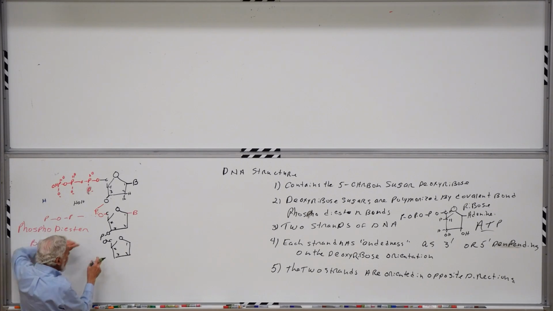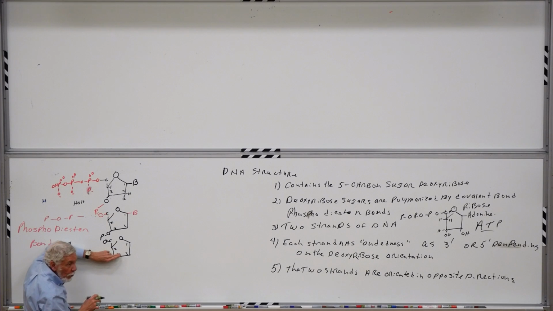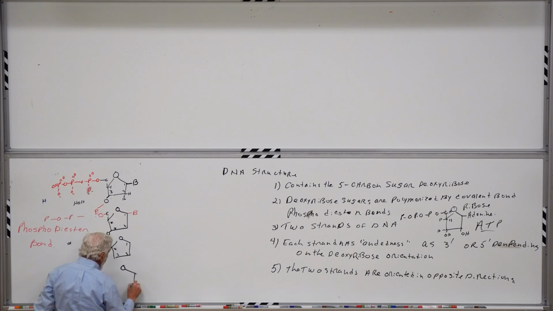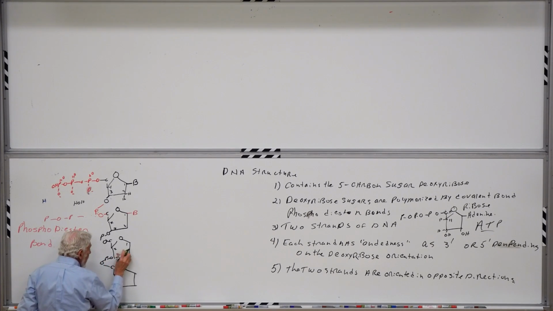So now we have formed a covalent bond between the second and the third deoxyribose. And we can repeat this over and over and over again. So here again, I won't go through all of the painful parts of it, but the number 5 carbon here will be linked by an oxygen to a phosphorus to an oxygen bond to this number 3 carbon.